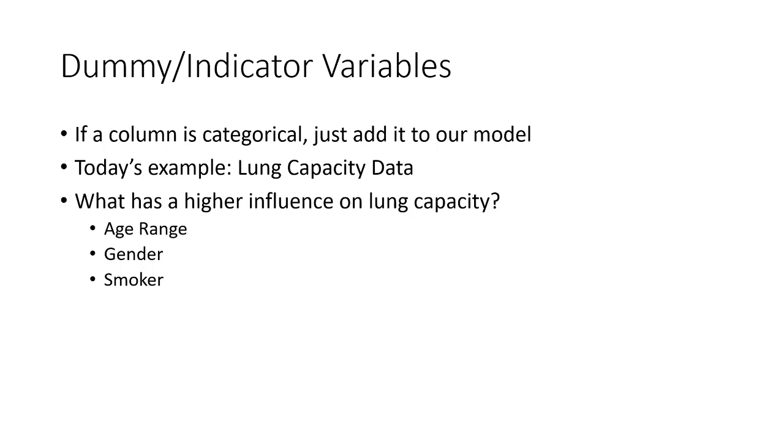Basically, when R reads in one of your CSV files, if it sees a column of strings, if it sees just string values in a column, it's going to interpret those as categorical data. So for example, in our file, we have a column called gender, and it has either male or female. R will turn that column into a categorical column automatically.